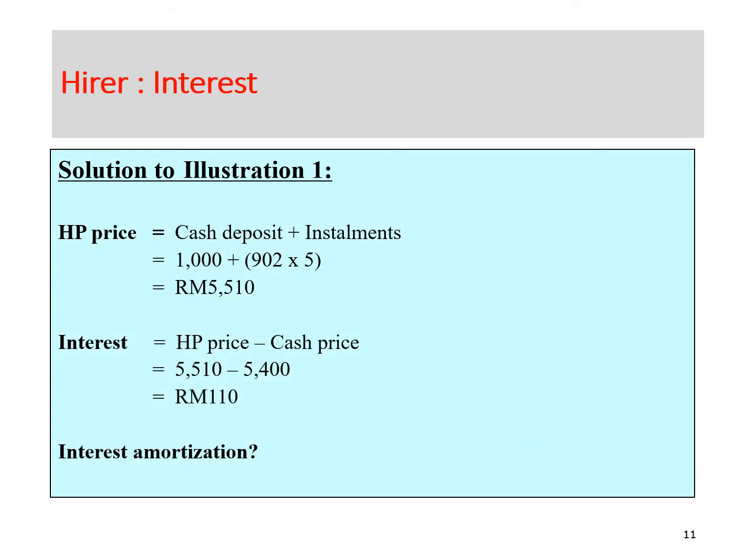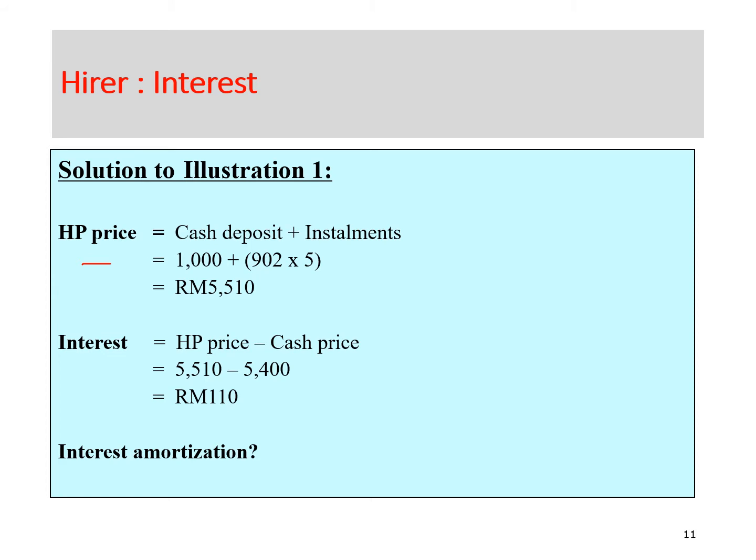In order to compute the monthly interest using the effective interest method, the first thing you have to do is calculate the hire purchase price. We have discussed that the formula to get the hire purchase price is the cash deposit plus the installments.